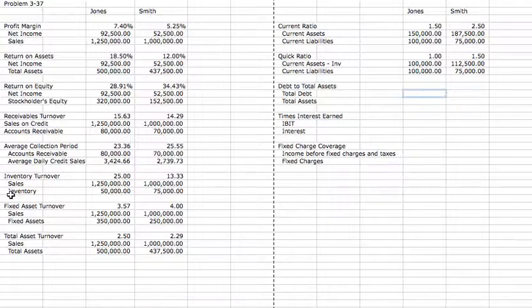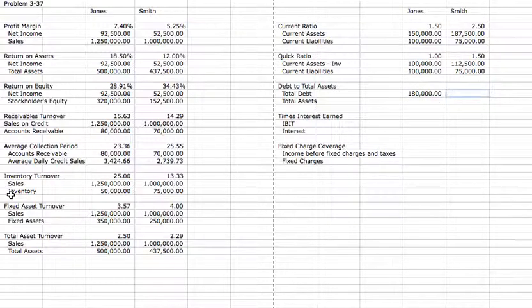So now let's calculate debt to total assets. So in both cases we need total debt. For Jones Corporation, total debt will be accounts payable and long-term liabilities, okay, bonds payable.